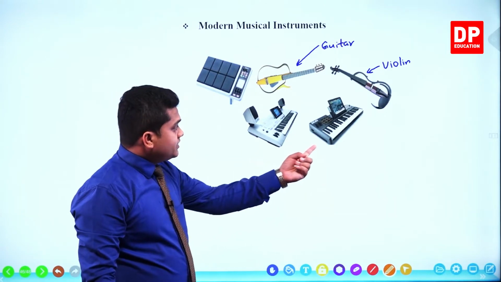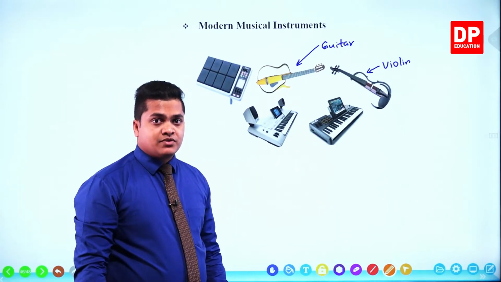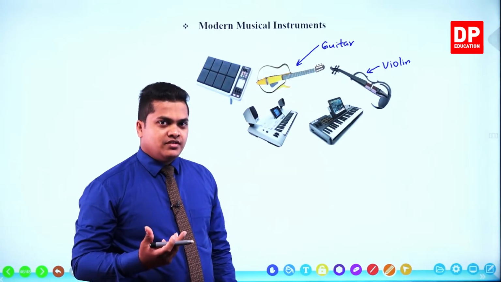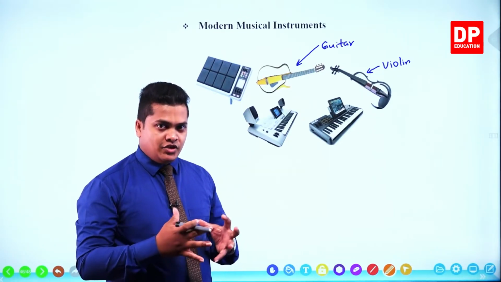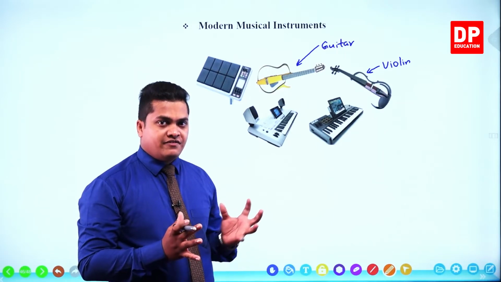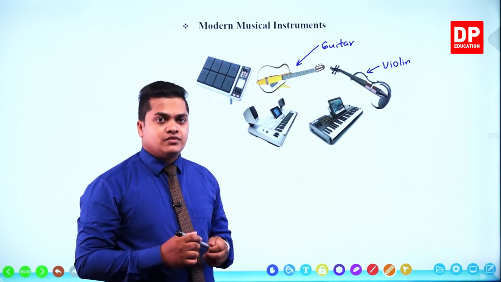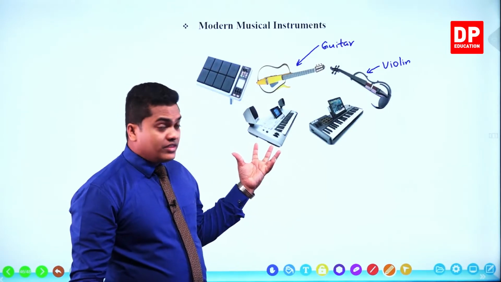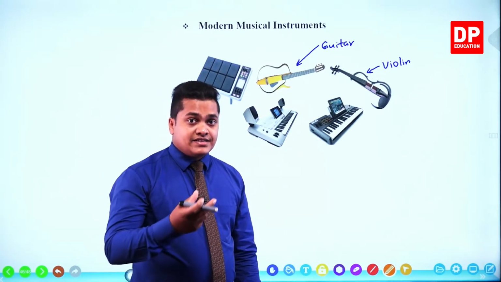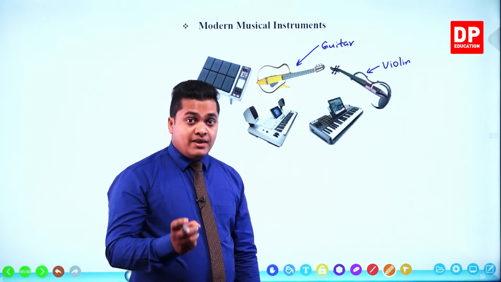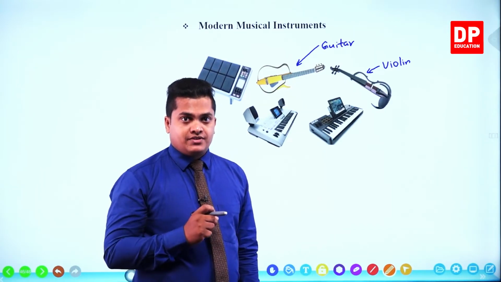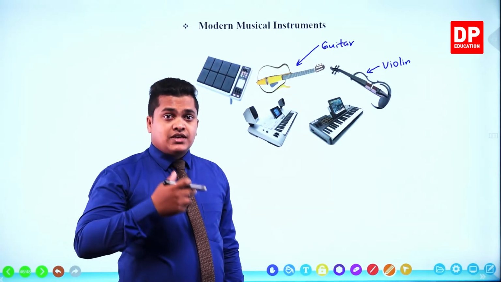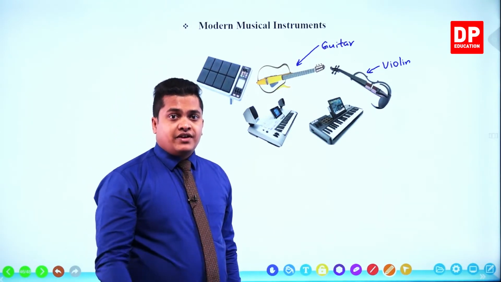Then these are different types of organs. We refer to these as keyboards. In our day-to-day life, we refer to these as keyboards, right? The specialty of these organs or keyboards is that we can insert CDs or DVDs or pen drives, USB drives, and we can record the sound to those storage devices.